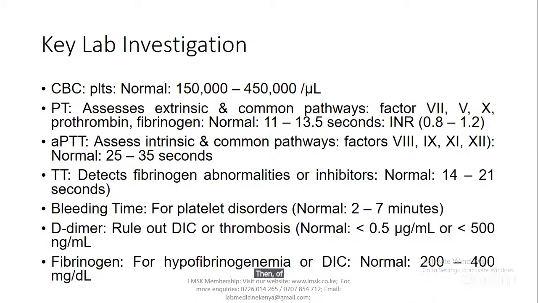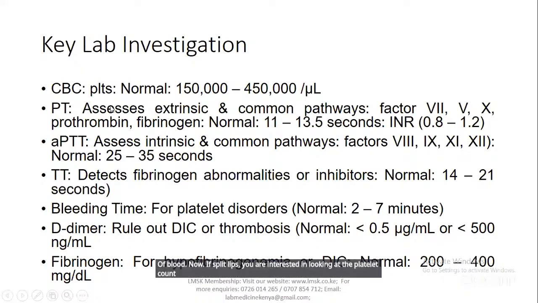Then, depending on the lab in which you work, platelets are generally between 150,000 to 450,000 per microliter of blood. If you are looking at the platelet counts and they are low, then obviously you will tend to think that this person could be suffering from a hemostatic disorder.